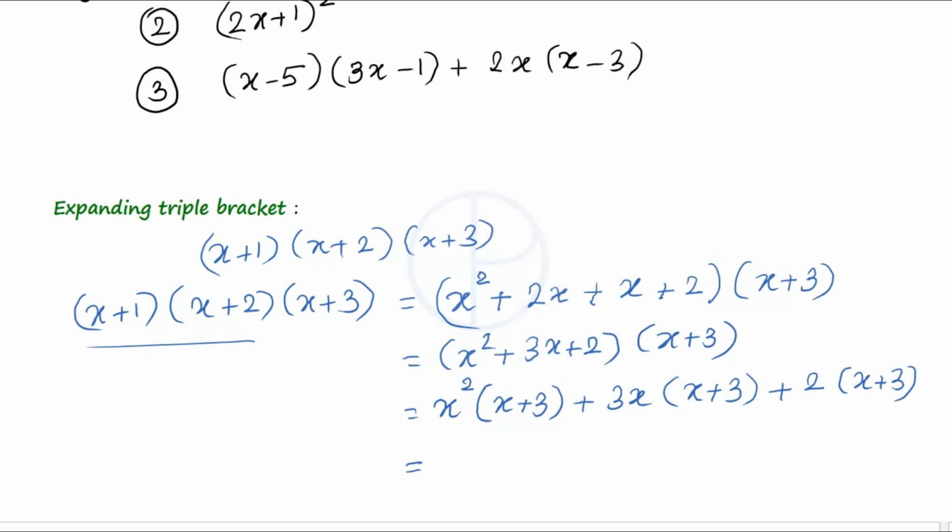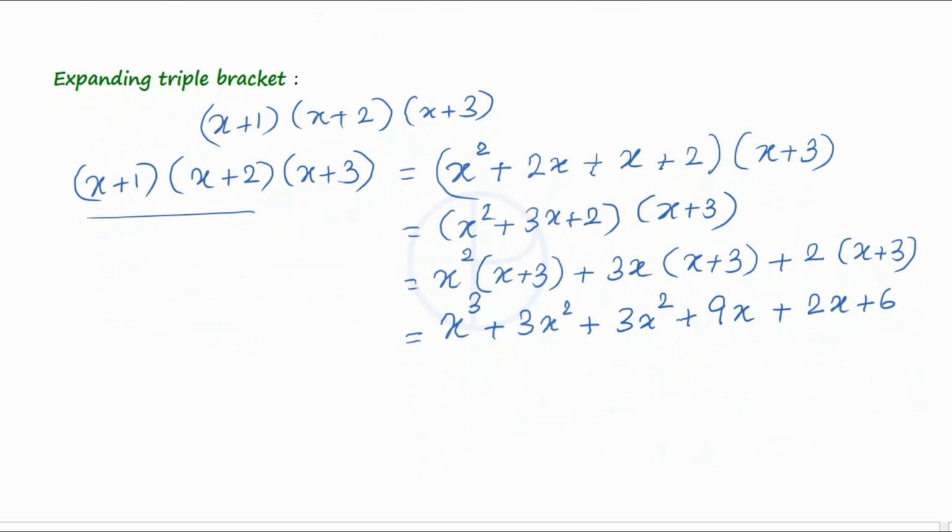Now expand the brackets. x squared multiplied by x is x cubed, plus 3x squared, plus 3x multiplied by x is 3x squared, plus 9x, plus 2x, plus 6.